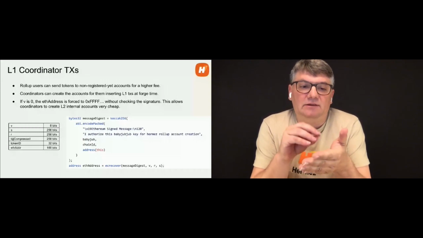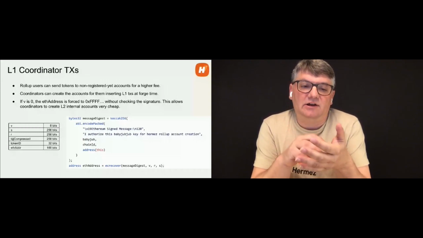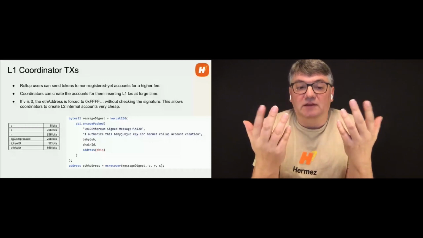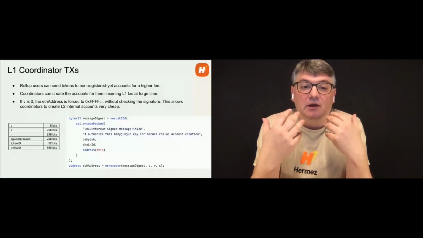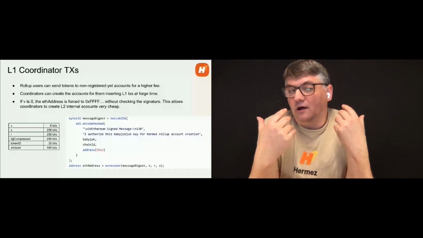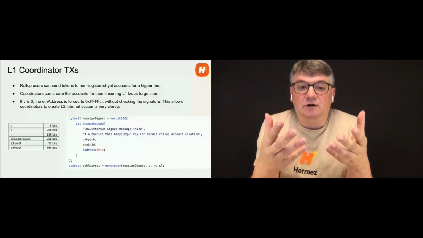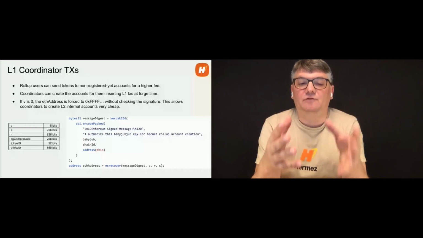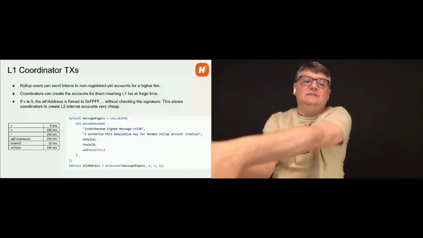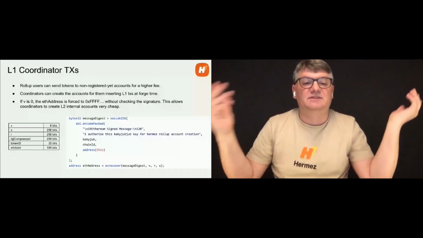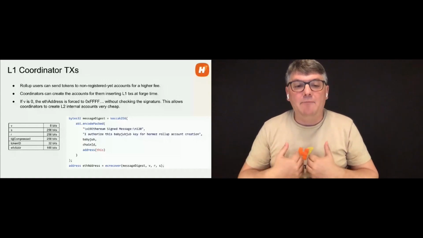So an operator can create an account there. This is very interesting because it allows, for example, to send from layer 1 Ether or any token to a user that has no account yet, so has no leaf in the rollup. It doesn't exist in the rollup, but maybe has an Ethereum address or a Baby Jub address already. So I'm able to send that.